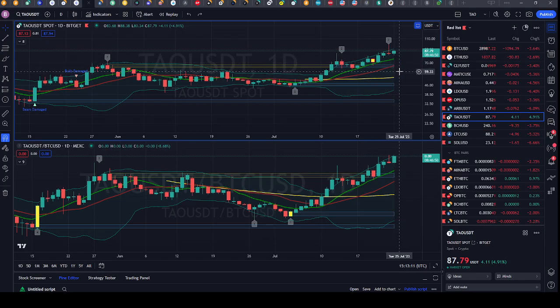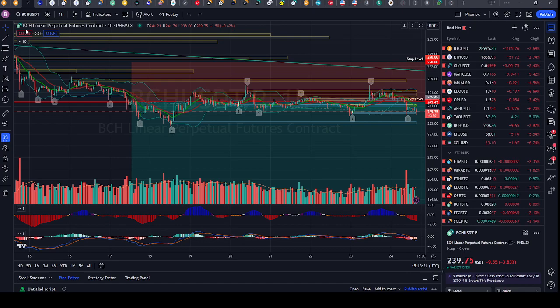And even in USD value, it's been poking new highs in a gradual, nice, steady uptrend, riding along the 10-day moving average, while everything else has been very sideways, very boring. BitTensor's been crushing it. So yeah, I'm glad I got that. Outside of that, not a lot going on.